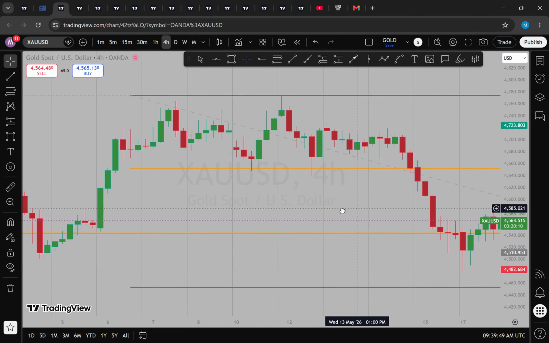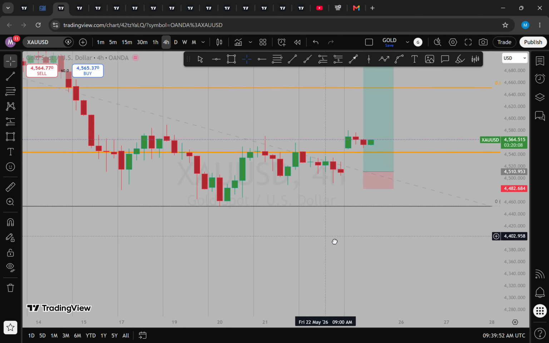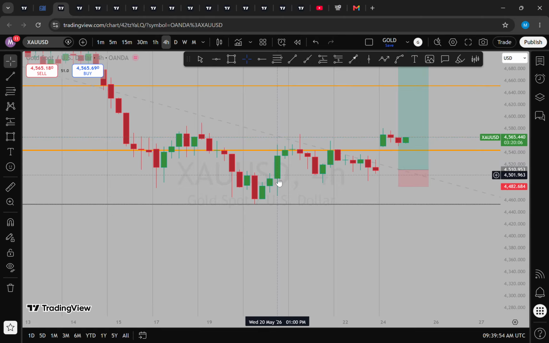So every single candle here, if you have one single 4 hour candle and you go to the 30-minute time frame, two 30-minute candles equal 1 hour.